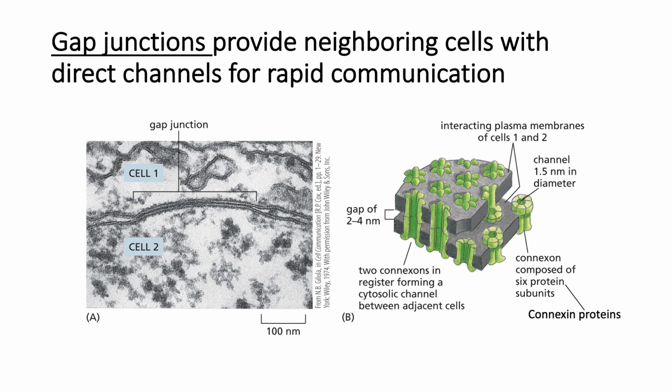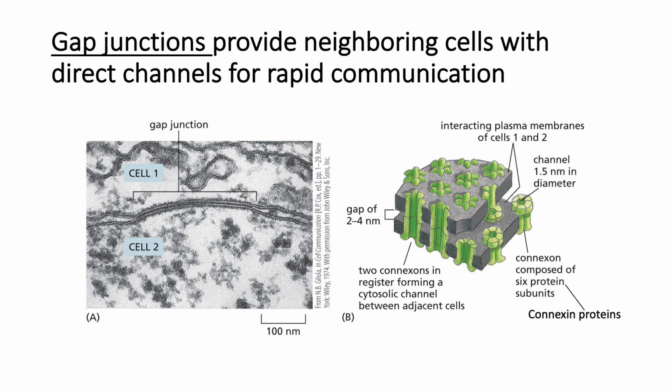So you can imagine in the heart, where there's lots of these gap junctions, there's a particular signal that hits one node of the heart, and that signal does not need to hit the whole heart. It just hits one node of the heart, and then the cells respond by contracting, but the signal to contract is passed into all the cells very quickly, so you can get this pulsating contracting of the heart muscle.